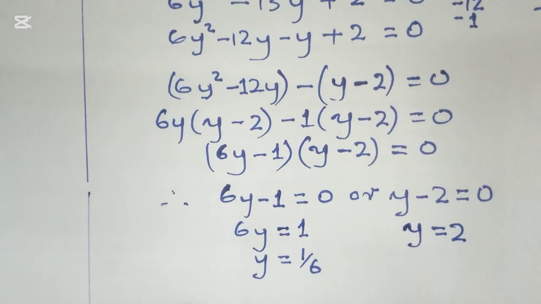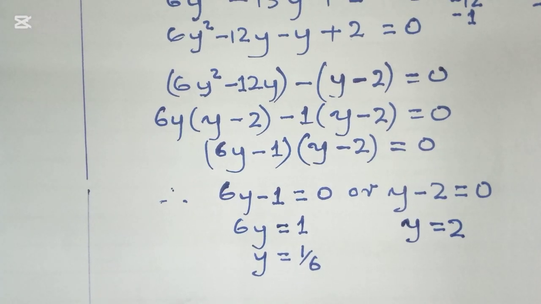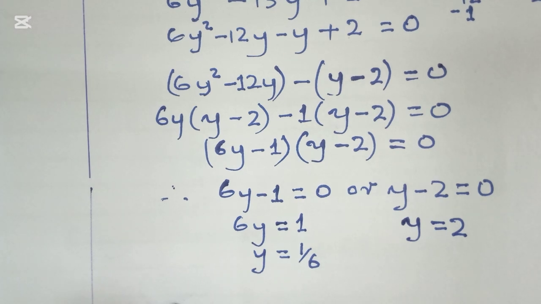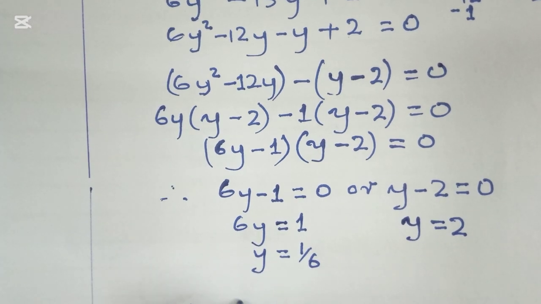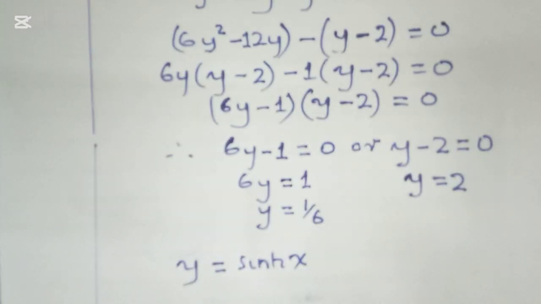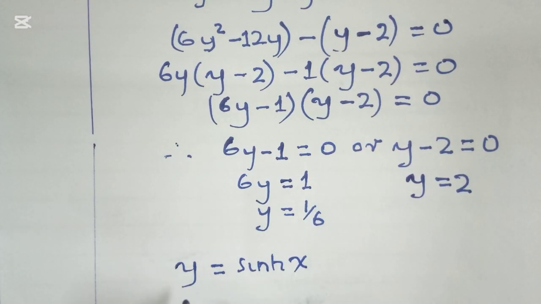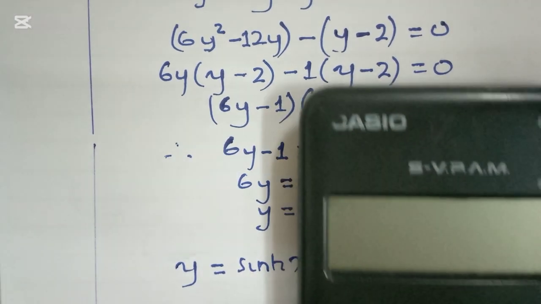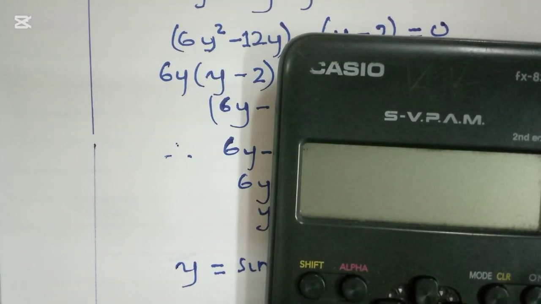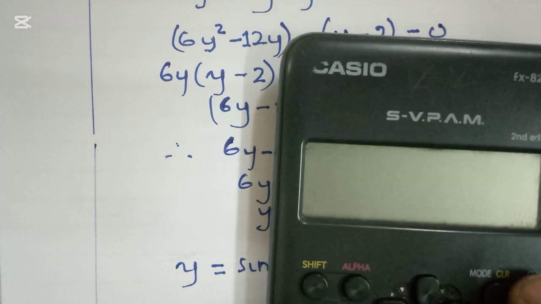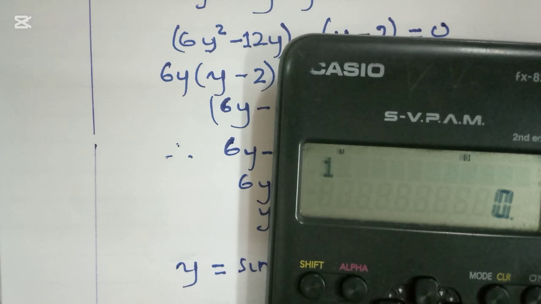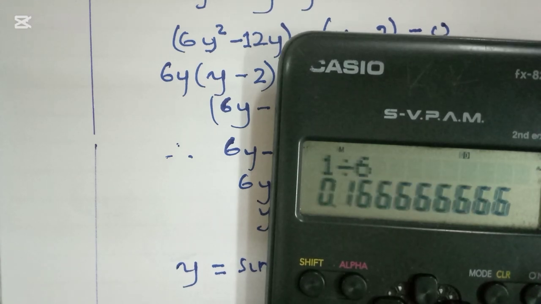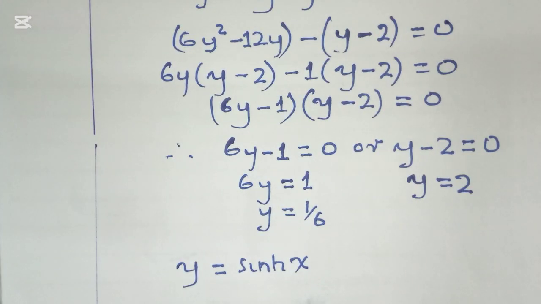So guys, now we come and replace for y, because we said let y be equal to sine hyperbolic x. Starting with this, we shall have 1 over 6. Let me put it in decimal instead of fraction: 1 divided by 6 equals 0.1666.